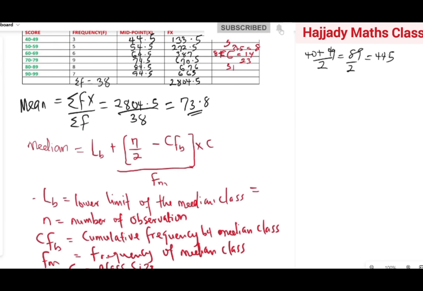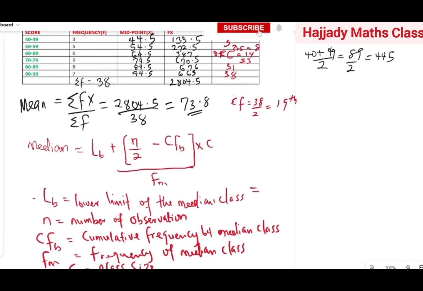And to the last value, which is 7, is going to give us 38. So this is going to give us 38. Now let's check. Since our summation F is 38, okay, so our median class is going to be over 2, which is 19th value.